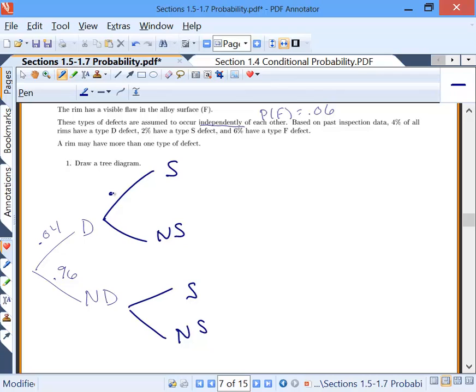So the probability of S is, what do we say, 0.02? For every branch, it will always be 0.02 because they were independent. So your probabilities aren't affected based on which branch you're on. Okay. And then the probability of no type S defect would be 0.98, using the complement rule in there. And then finally, we need to look and check and see if they have a type F defect or not.